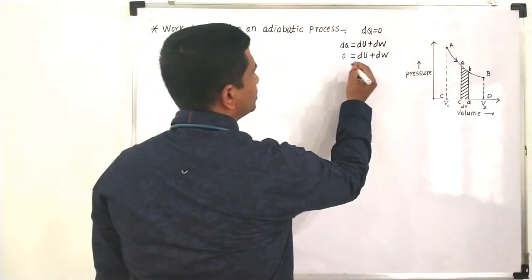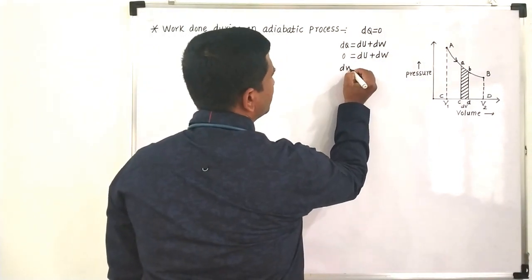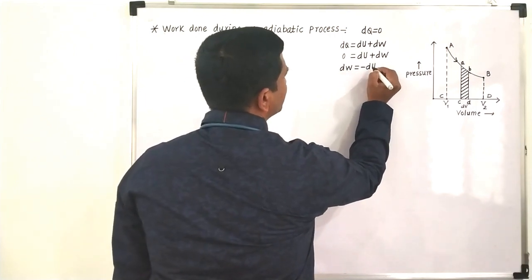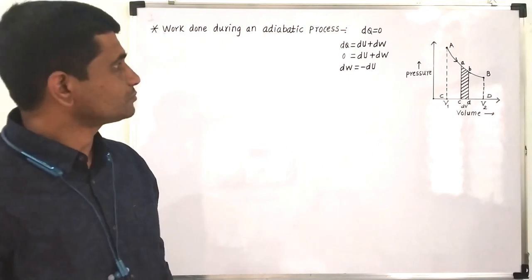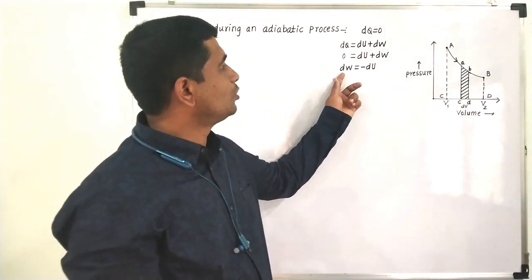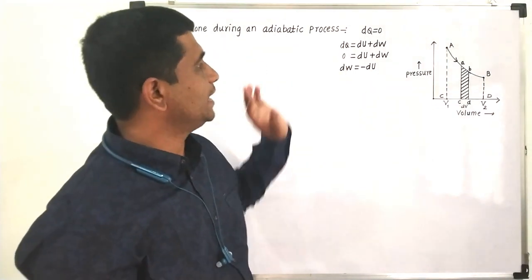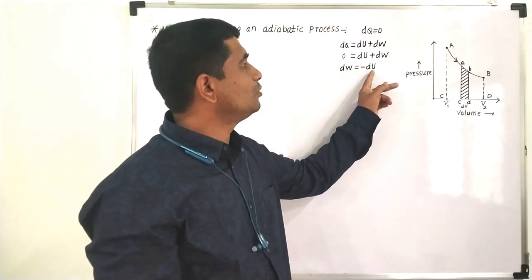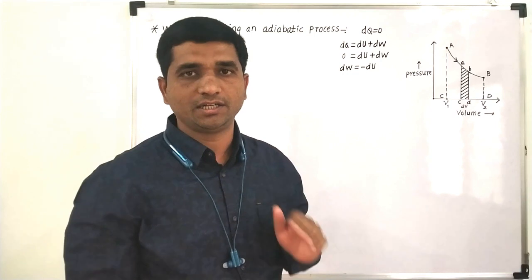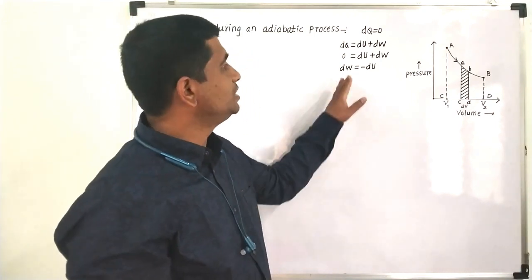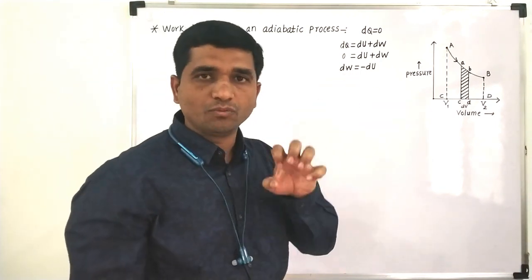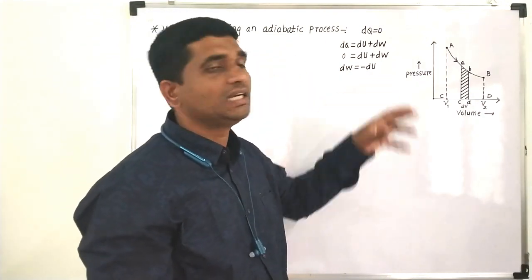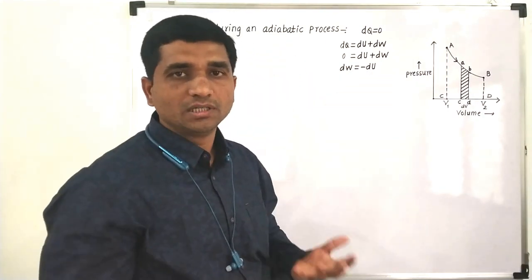If I take dw on one side, I get the expression dw is equal to minus du. It means whatever amount of work done I am getting during an adiabatic process is the negative of the change in internal energy of the system. That is, the work done I get during an adiabatic process is due to the decrease in internal energy of the system.